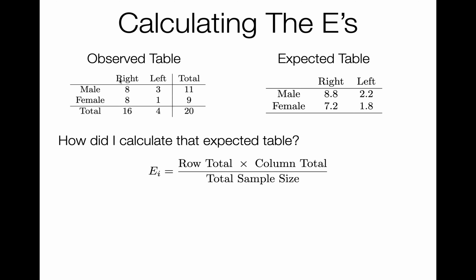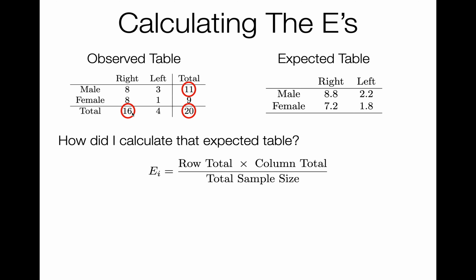I'm looking at this male and right-handed cell right here. The row total is the first thing I'll see. I'm sorry, that's a column, my bad. In my slide building here, the row total for this cell is the total for this row, 11, times the column total, 16, divided by the total sample size, the sample size of the entire table.